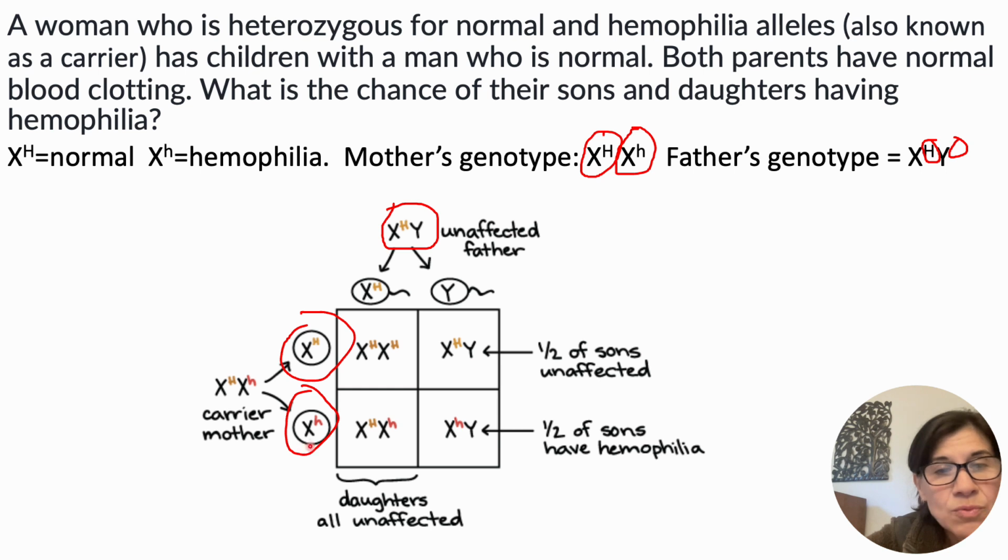But this X with the mutated recessive gene and this Y, this bottom quarter here, would make the son have hemophilia. Because we have to separate girls versus boys, we're just talking about two potential boy options, and one of those options is hemophilia. So we would say half of the sons would have hemophilia.